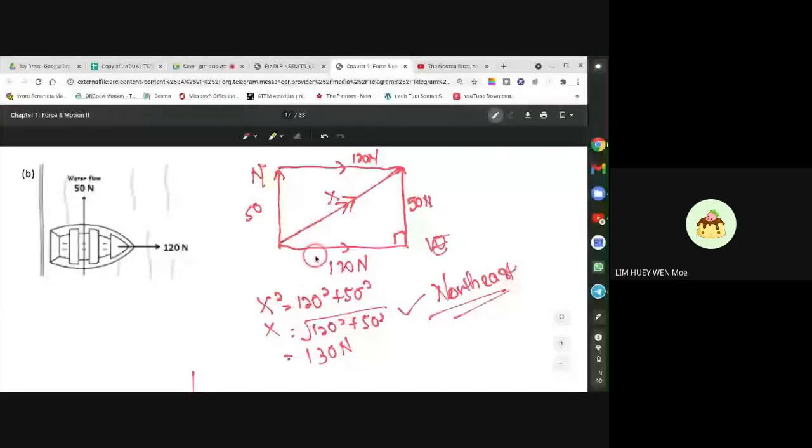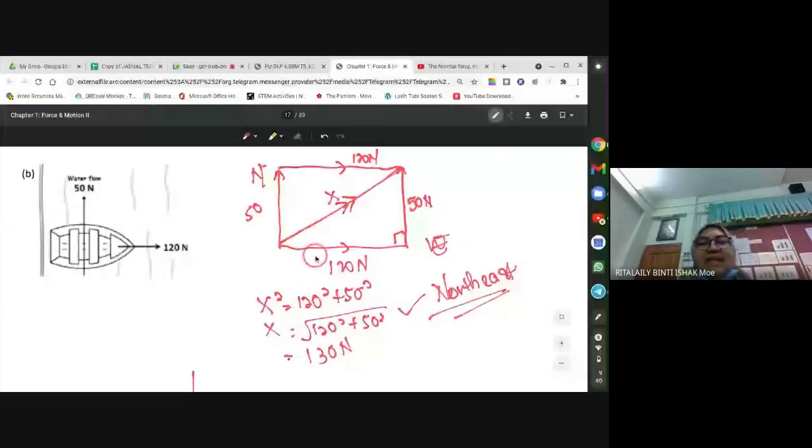Because they know that you are going to do the calculation. If they ask the angle of the direction, how do we calculate it? They won't ask the angle of the resultant force. If the question asks us to determine the angle, then measure the angle, use a protractor, if we draw using a diagram.